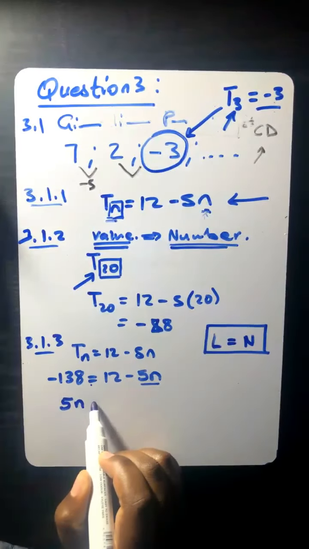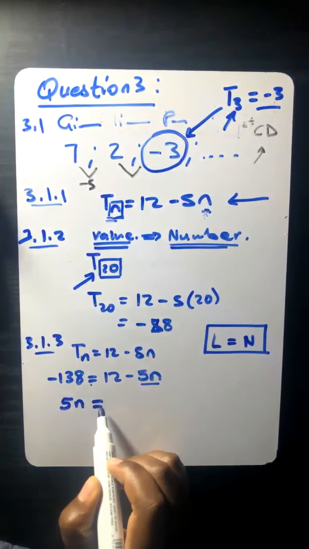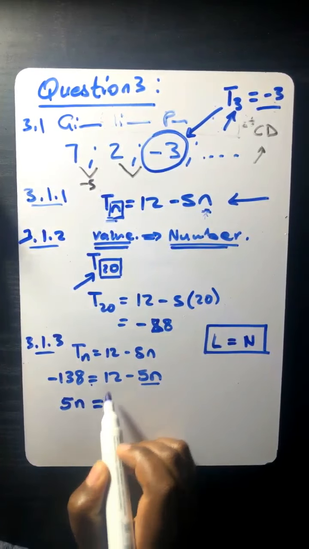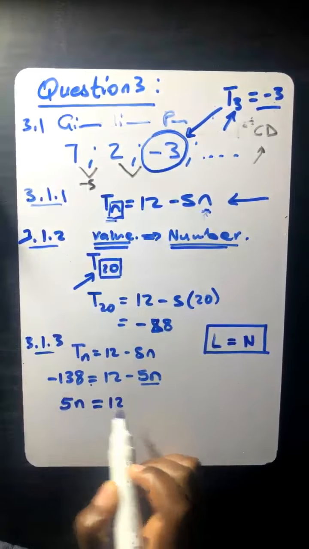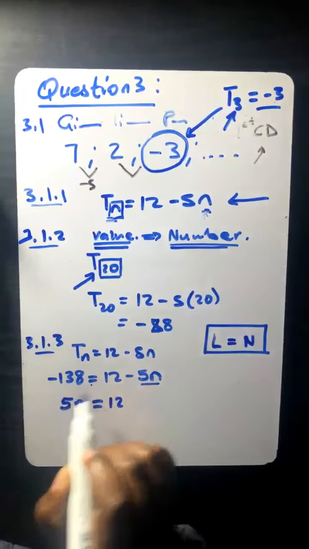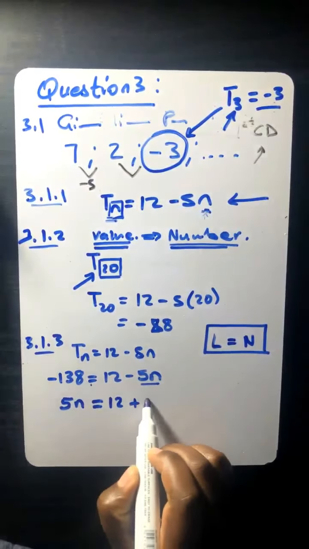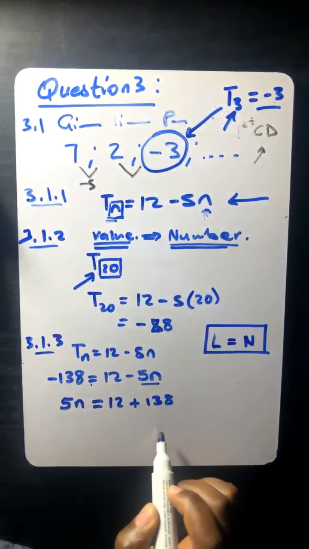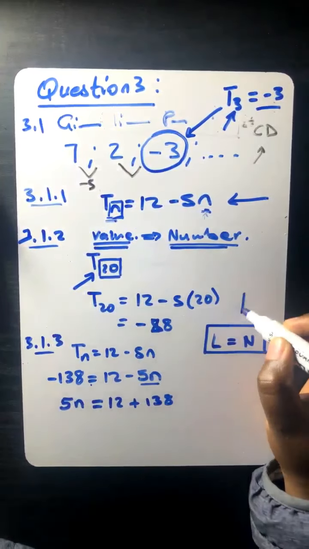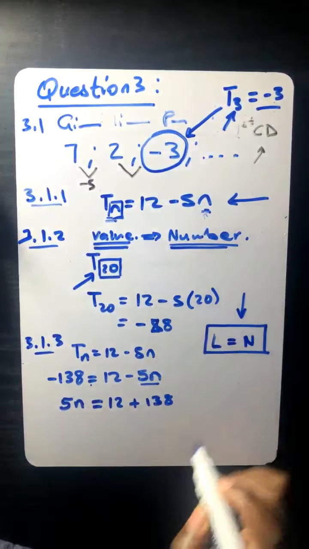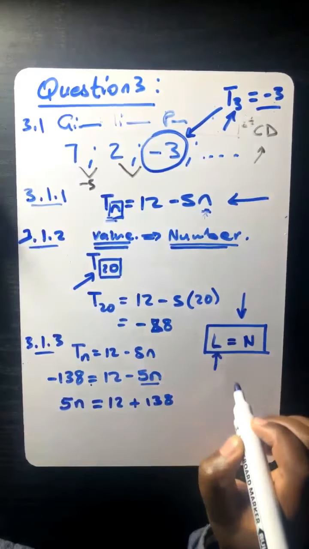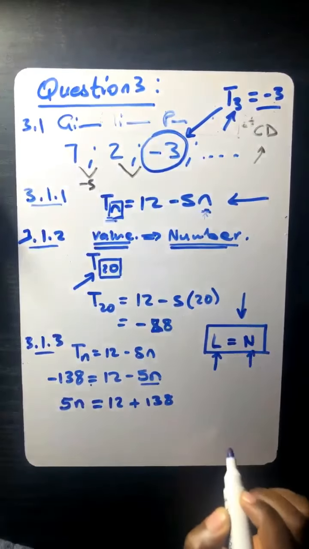Then this is equal to, so you move all the numbers to the right. Already you have 12 on the right, which is good, but you've got this on the left. Move it to the right, it changes the sign, it becomes 138. So you are trying to achieve this, ladies and gentlemen: whatever letter you're solving is equal to whatever number there.